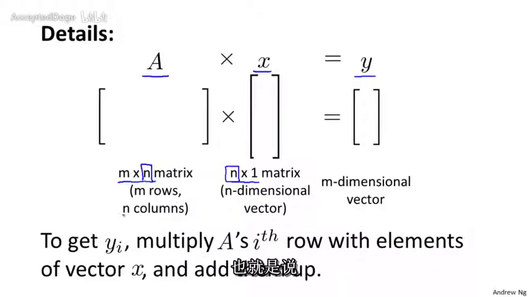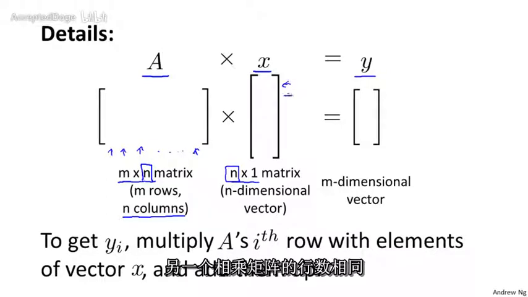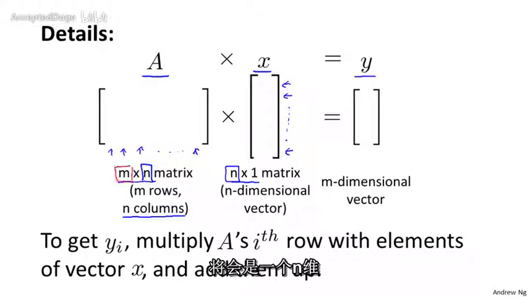In other words, the number of columns in this matrix has to match the number of rows here, or the dimension of this vector. And the result of this product is going to be an m-dimensional vector y. So the number of rows in y, m, is going to be equal to the number of rows in this matrix A.